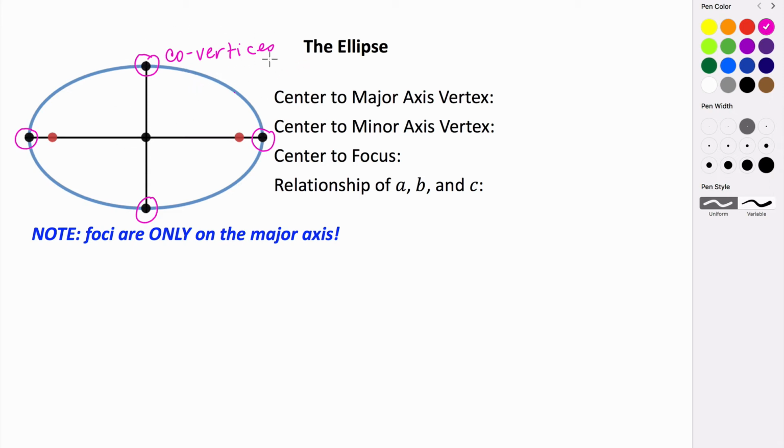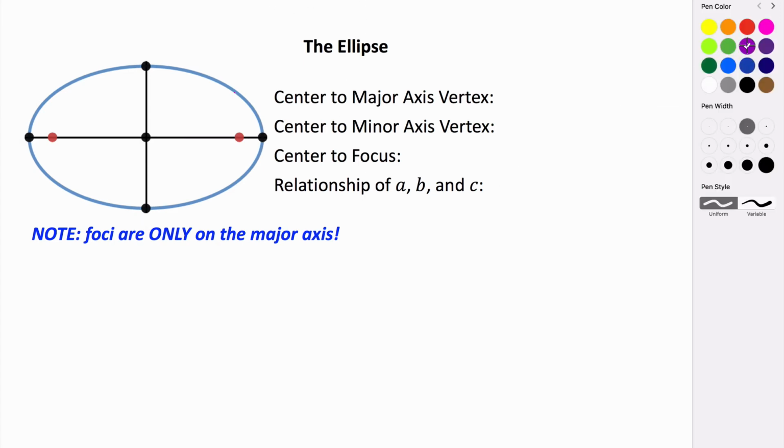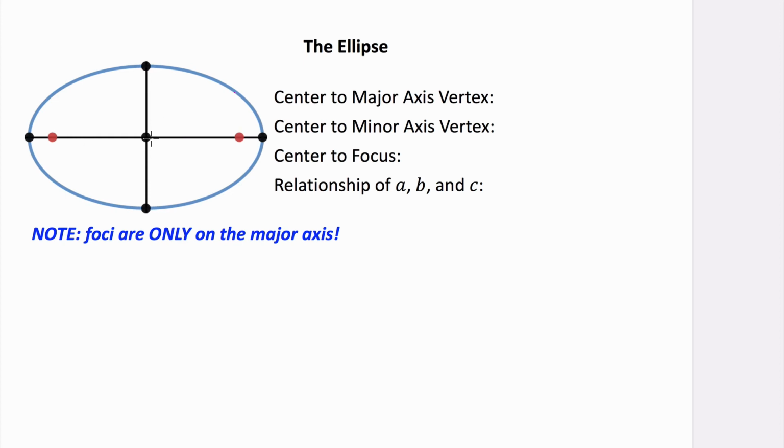I don't know why, but they are. So we call them co-vertices. But when the book asks you to find the vertices, they really only care about those on the major axis. There are also focal points, the foci. That's the plural for focus. They're these points in red here. The foci are both the same distance from the center.